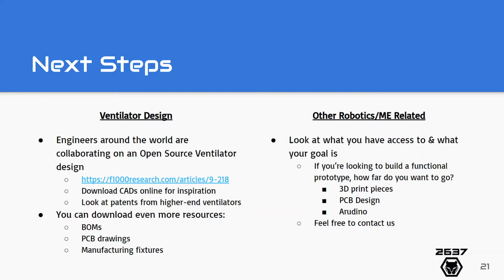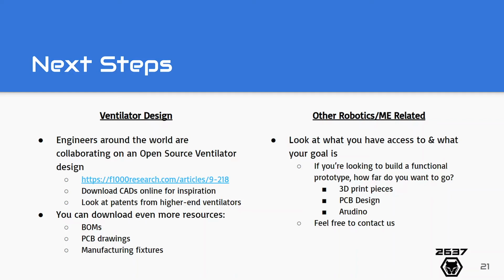You can get a bill of materials, which is all the materials used in the assembly and the cost associated with it. You can look at the PCB drawings. PCB is a printed circuit board, and that's going to control a lot of the functions of the ventilator, and manufacturing fixtures. So that would be like guides on how to fabricate it, right? And these are all open source, free for everybody, and that could help you get started very quickly.